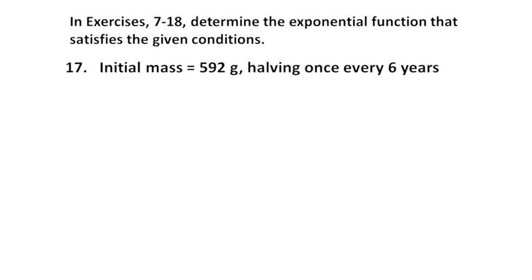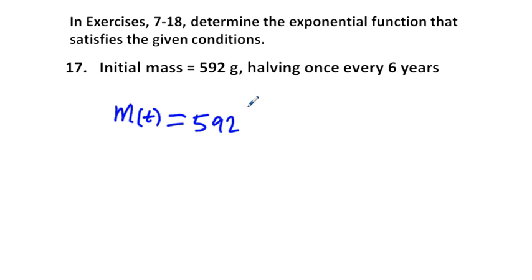Next on our problem, which is 17, we have the initial mass of 592 grams. So we're going to say mass m of t is equal to our initial amount, which is 592, and we're halving once every 6 years.